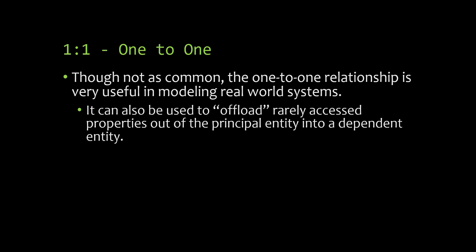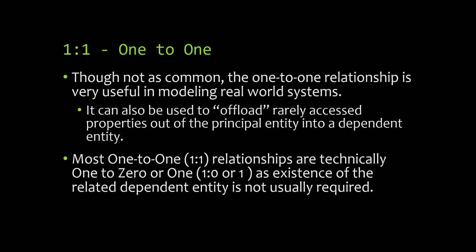Okay. So it's a one-to-one. So they're equals in a sense, but usually one of them is the principal entity and one of them is the dependent entity, right? So what we're going to do is we're going to use this approach to offload mainly that huge amount of data that is the content of the file itself, right?